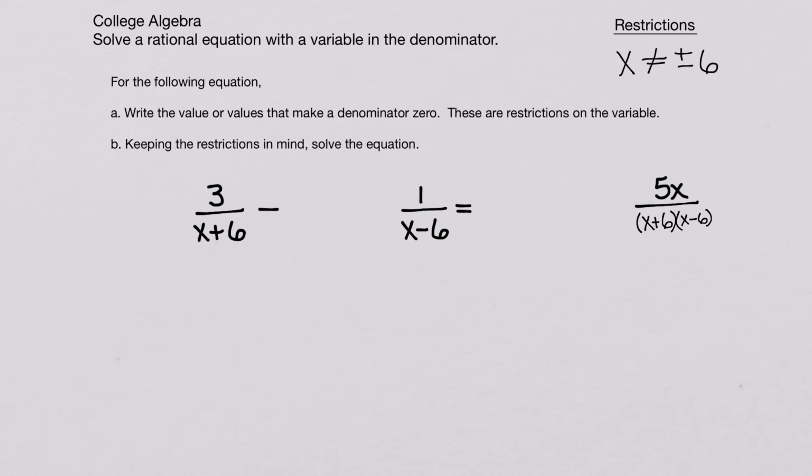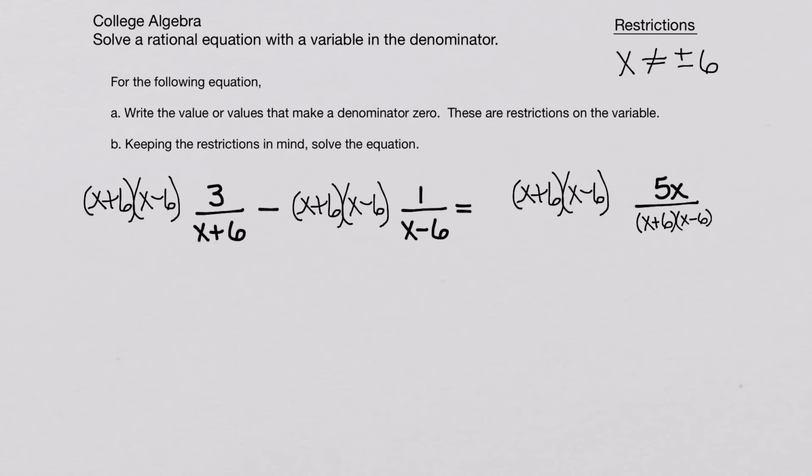So we're going to multiply by that common denominator, which is x plus 6 times x minus 6. Let me see if I can cheat and copy and paste. Yeah, all right. That works. Okay, it's not pretty, but it came out.